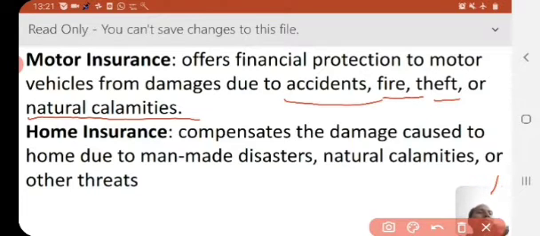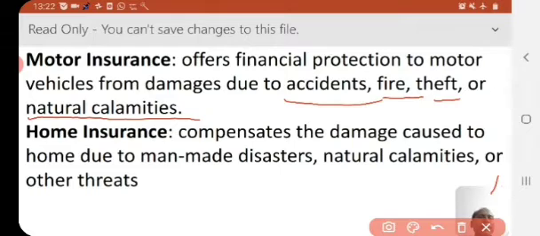It should pay that compensation for all the vehicles, because the premiums collected from the various vehicle owners all over India are pooled into one. From that pooled amount, the compensation will be paid. So, it occurred in one place, and the company will pay for such kind of damages.